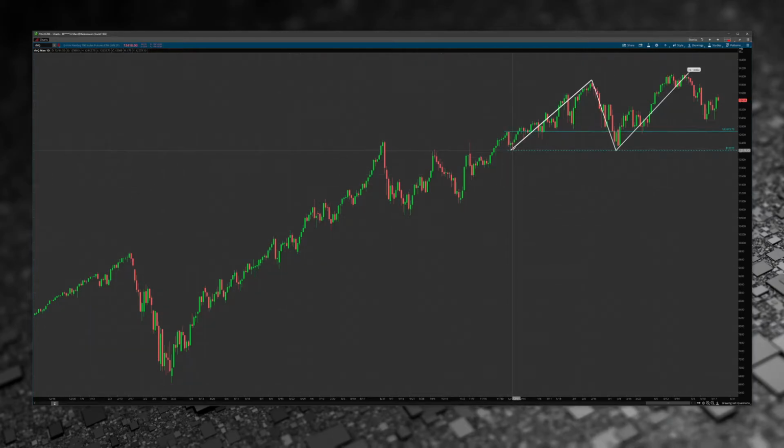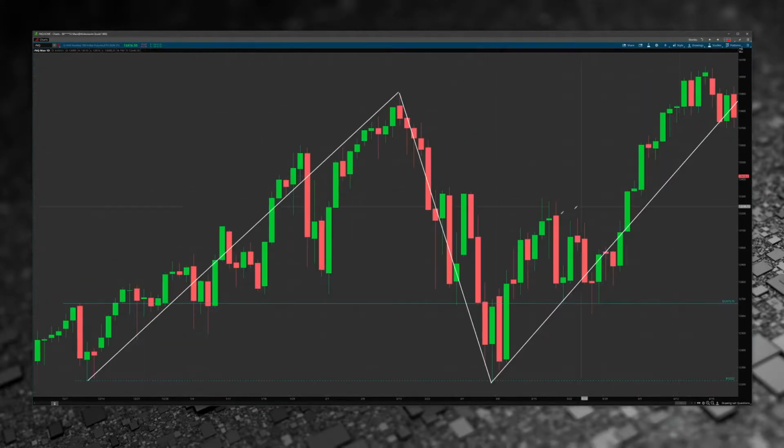So now we know this low broke resistance. This move broke support. So this high could be a qualifier in the leg down because it broke support. This high could be a qualifier in the leg down. This one.